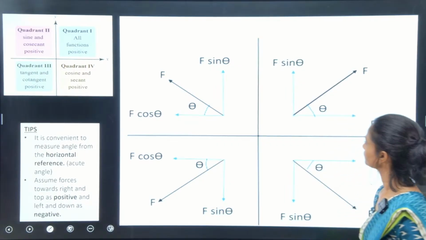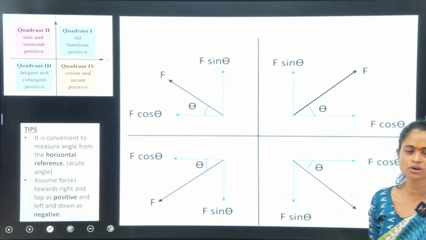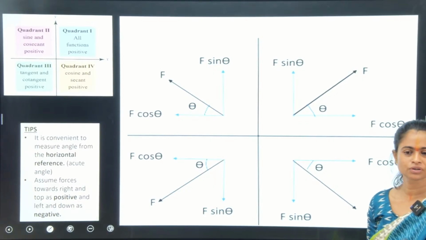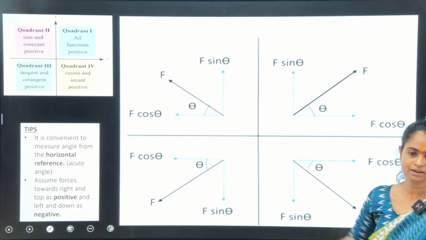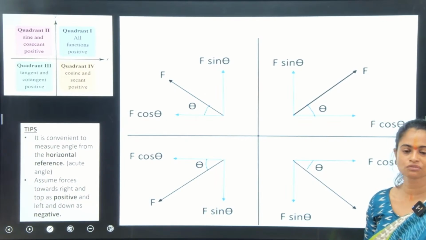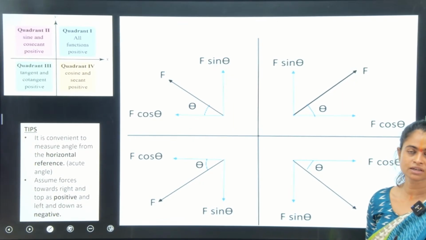Moving forward, the forces will not always be inclined to the horizontal or vertical in the way that I have told you. The force can be inclined at any angle, not just 30, 60 or 45 degrees. A force can be inclined at 75 degrees or 43 degrees or 32 degrees with the horizontal or vertical.